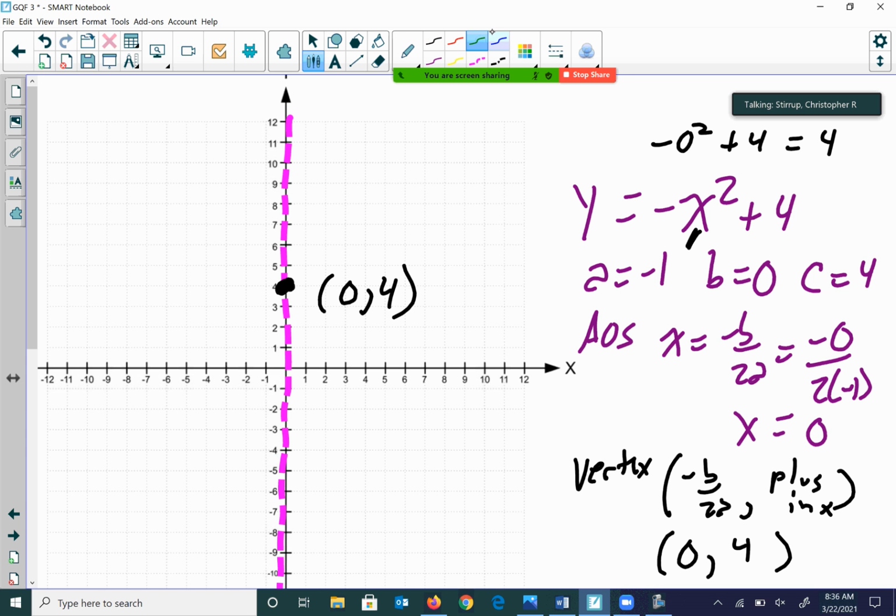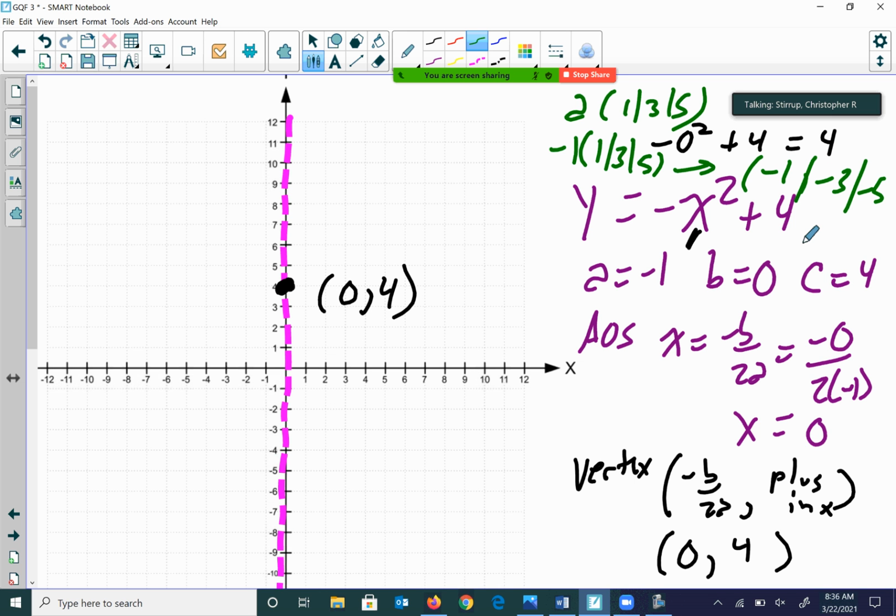My pattern graph is going to be a times 1, 3, 5. Well, my a value is negative 1, right? So that negative 1 means it's going to give me negative 1, negative 3, negative 5. So this opens upside down. So from here, I'm going to go right 1, down 1. So that takes me to the point 1, comma, 3.